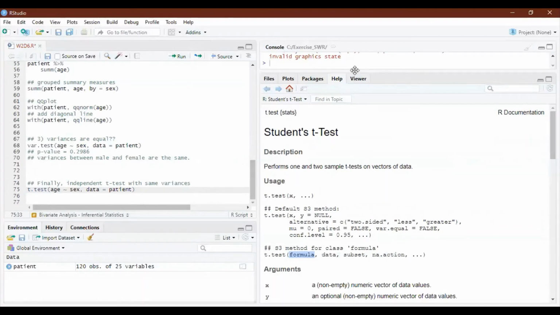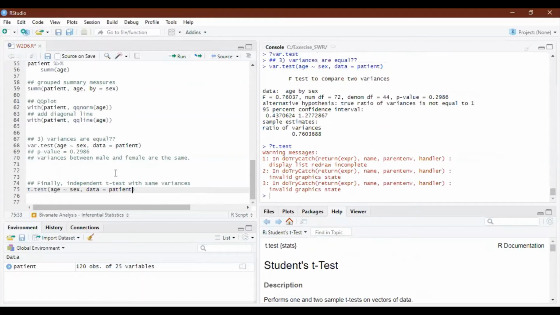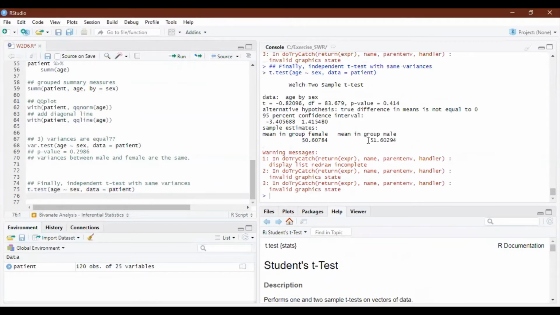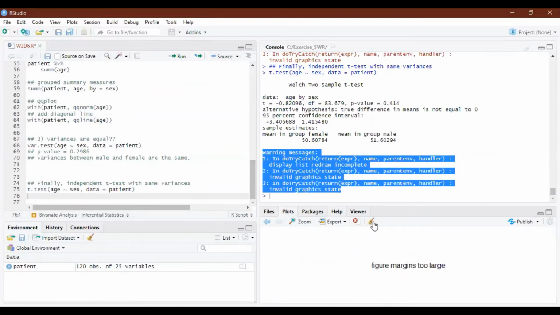So this is how you use the t-test, but we need to specify a little bit. Okay, let's try. Let's see what this gives us. Ignore these messages, because there is a blocked package, and we ignore it.